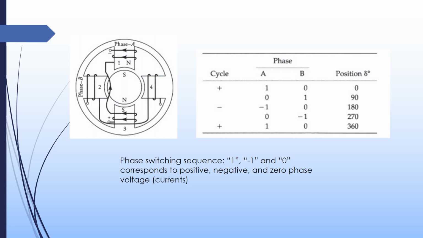The figure below shows a permanent magnet motor with phases A and B, and the table above is the phase switching sequence, where 1, -1, and 0 correspond to positive, negative, and zero phase voltage or current at different positions.